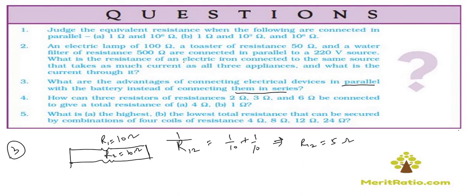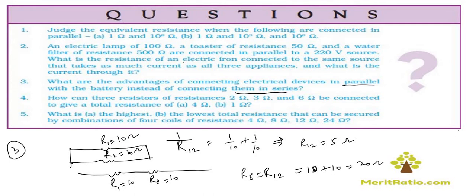But as you connect these two resistors in series, in this situation the equivalent resistance will increase. How much will it become? Whenever it's series, in this situation it is 10 plus 10, this is 20 ohm. Clearly we can see that in parallel combination the value of equivalent resistance is even lesser than any one of the taken resistors.